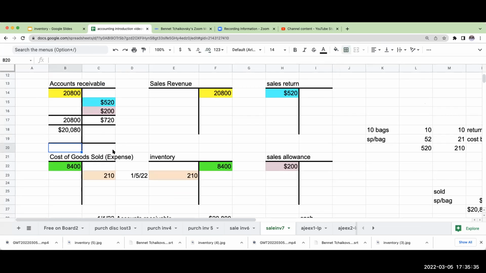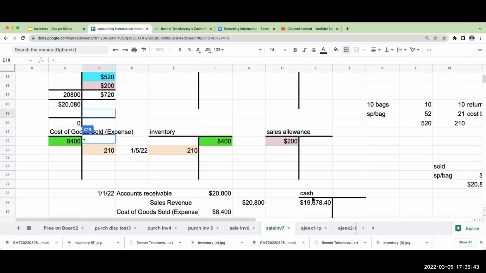The answer is no, because I'm offering them a discount. If I used this amount for accounts receivable, I would have a problem because it would show an amount of 401.60 still owed. So I have to credit it for the full amount, $20,080, so this goes down to 0.